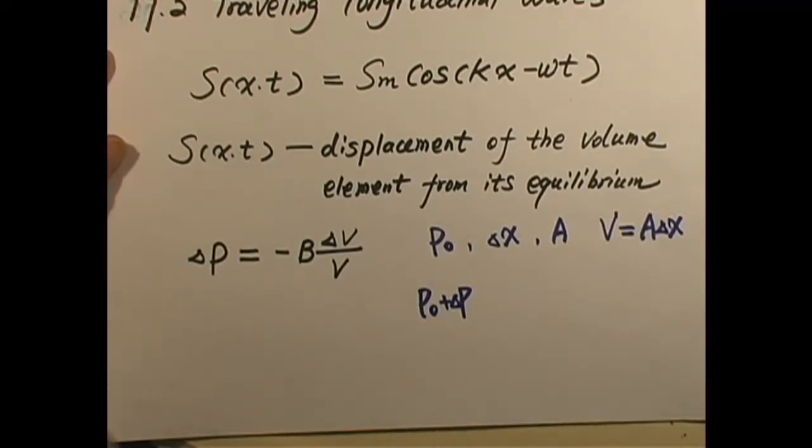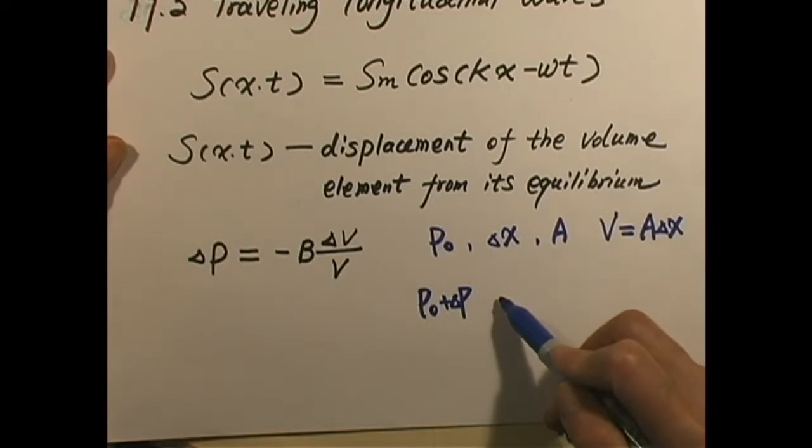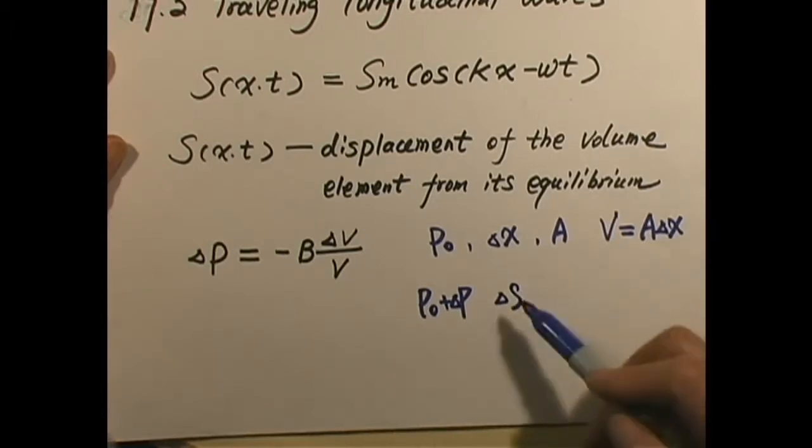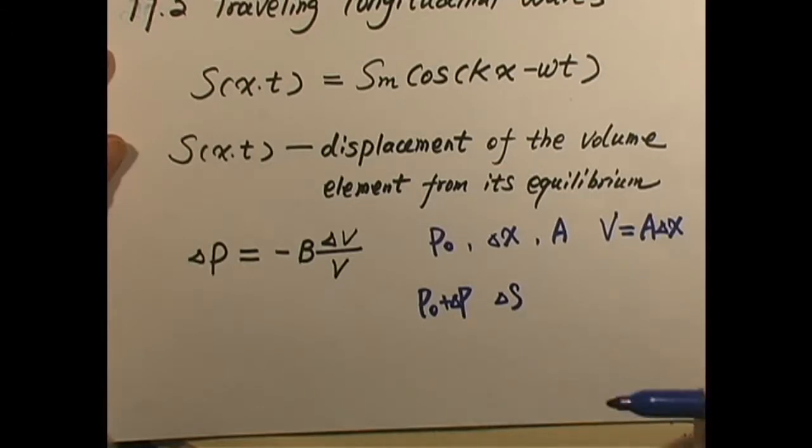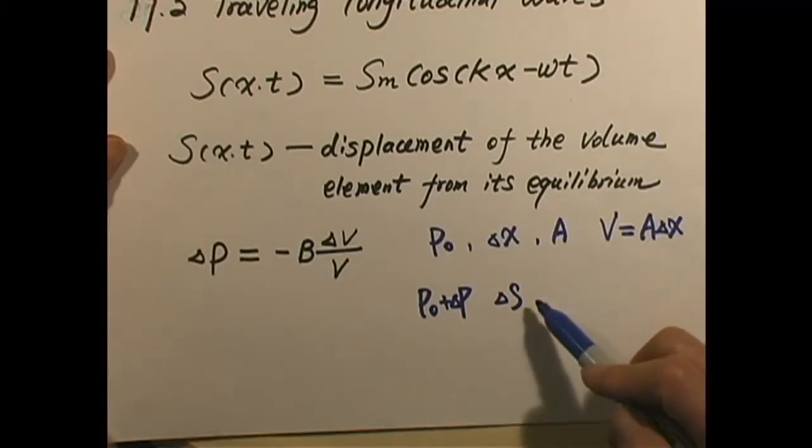And therefore, due to the change of pressure, this slice of moving fluid will change its thickness. How much it changes is delta S. Why? Because that is the displacement difference between the leading edge and the trailing edge.